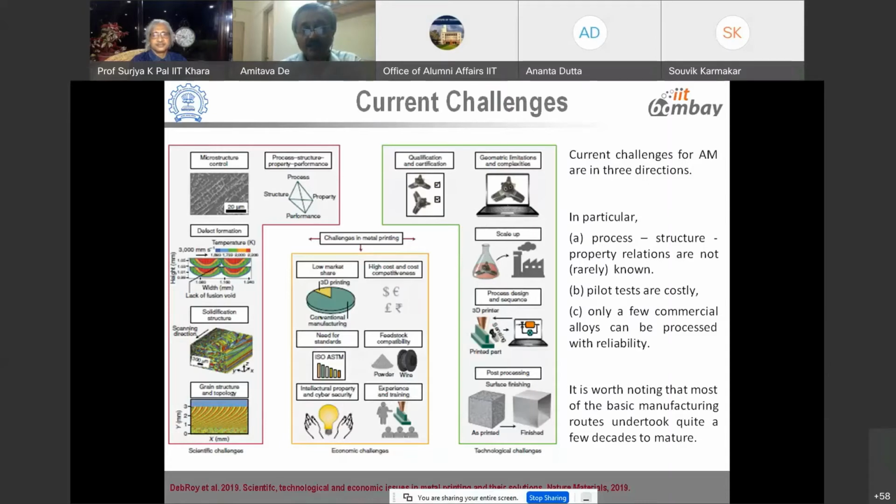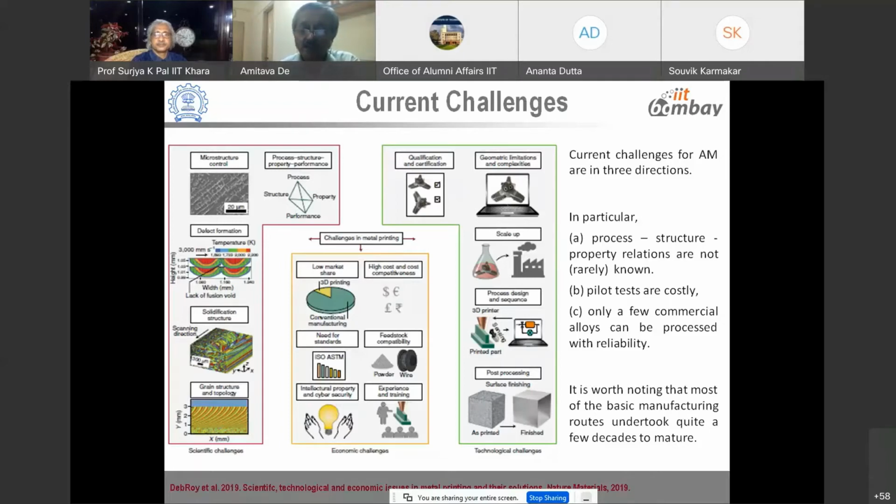And if in every layer and track such differences of grain structure, topology, and different kinds of structure-property relations and process-structure relations are happening, that's a real challenge to figure out what to do with such a variation in structure and property throughout the build, throughout the part.